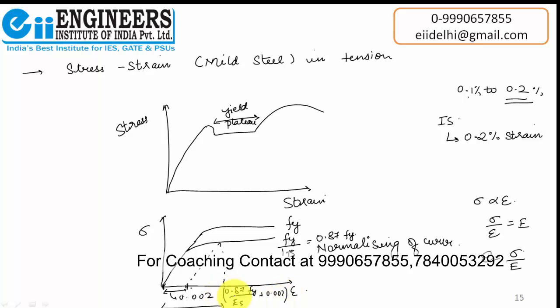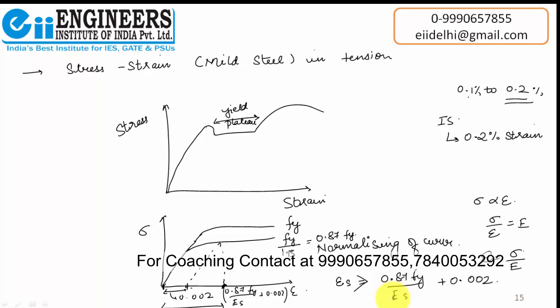So that is the value of strain at failure. Okay, so the strain value of steel is equal to 0.87 fy by Young's modulus plus 0.002. In actual practice, it should always be greater than this value.